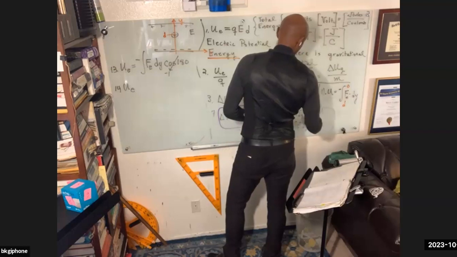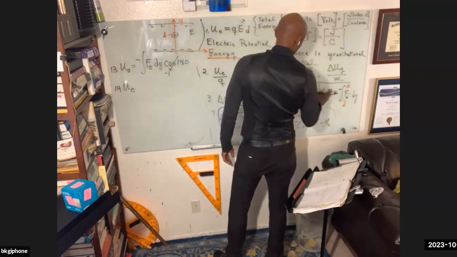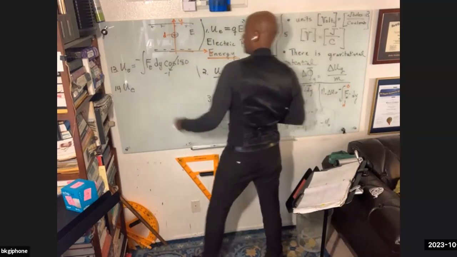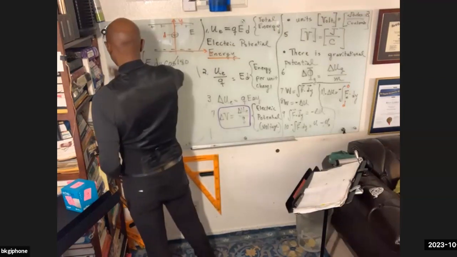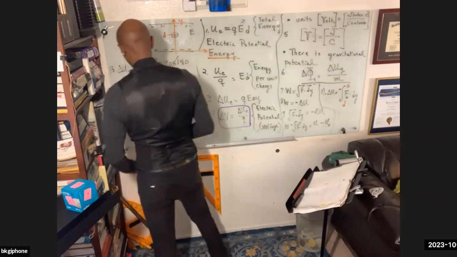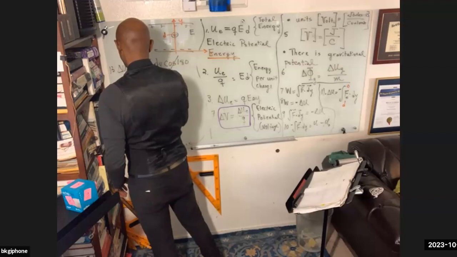Again, it doesn't really make sense to talk about potential energy at a point. Let's just keep it delta U. Okay, so this is delta U, and over here we'll have delta UE. Because we don't necessarily have to go all the way down to 0, right?